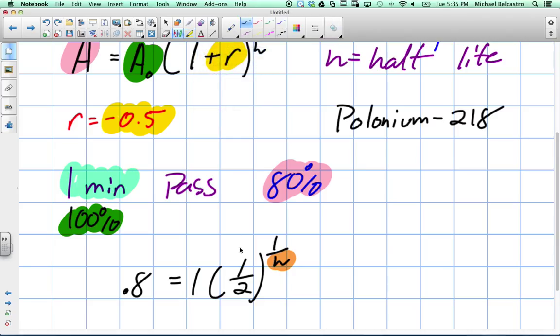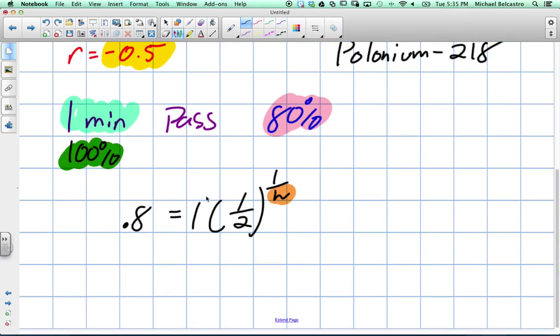So we need to isolate this. Luckily, this is times 1, so that's not going to do anything for us. But we want to bring down our exponent here, and we're going to need to look into log functions. In order to bring this exponent down, we're going to find the log of both sides. So log base 10 of 0.8.